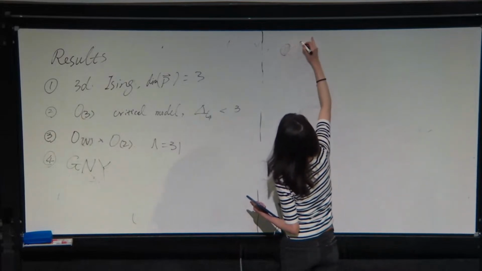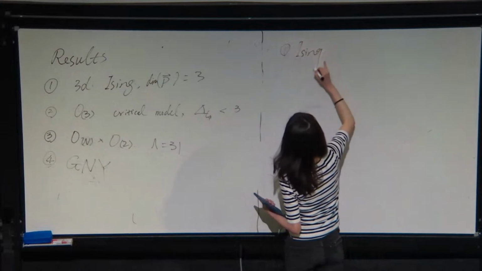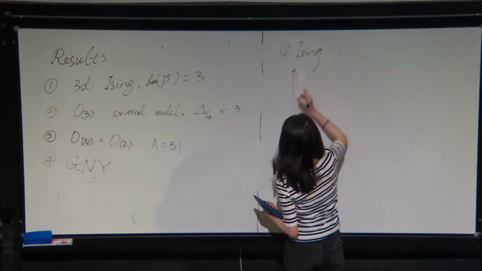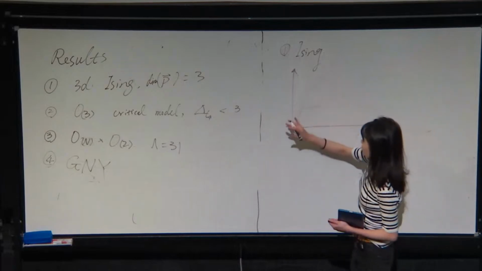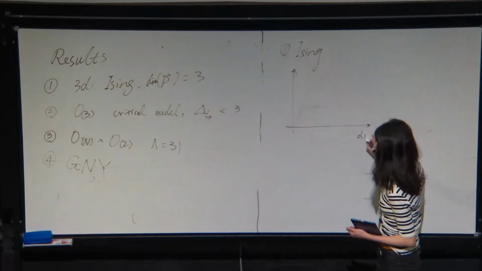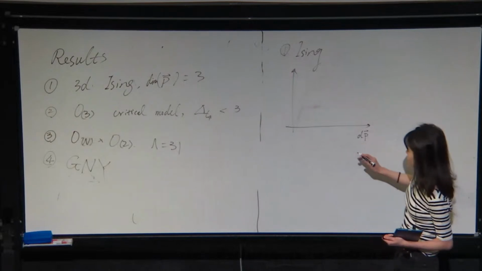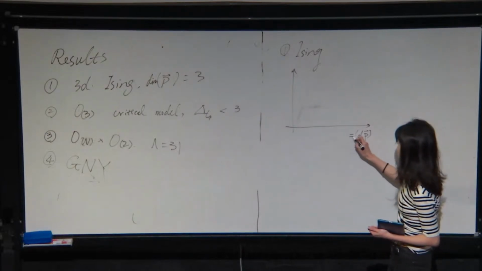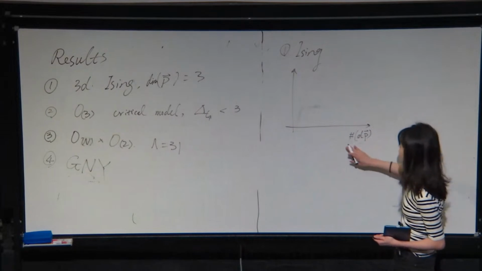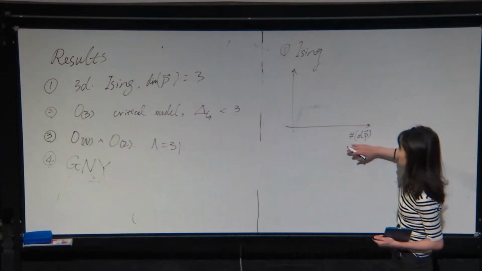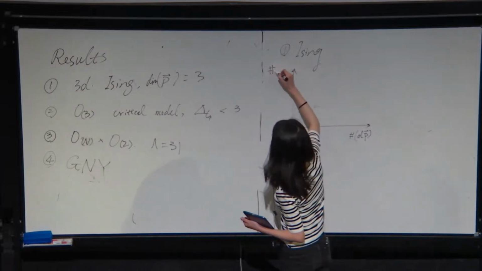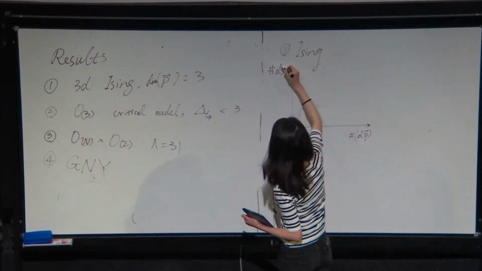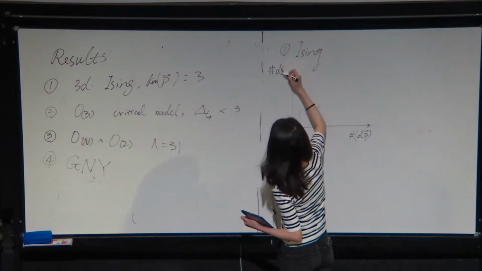For the Ising model, let's look at the number of iterations. To characterize the computational resources, the important numbers are the number of steps we have to take in the P space and the number of steps we have to update the solver variable C.